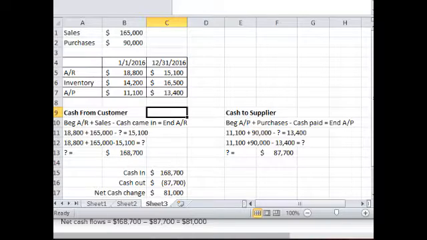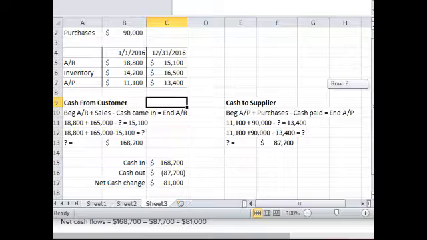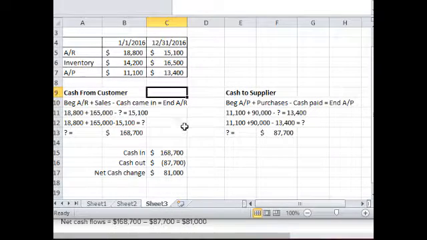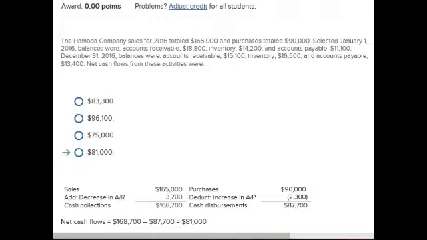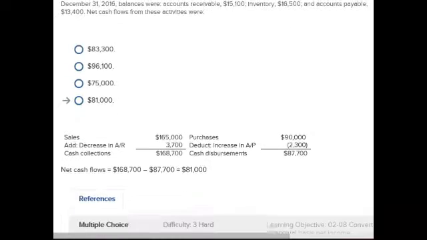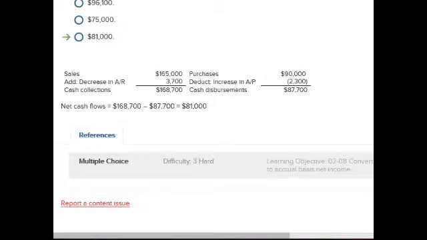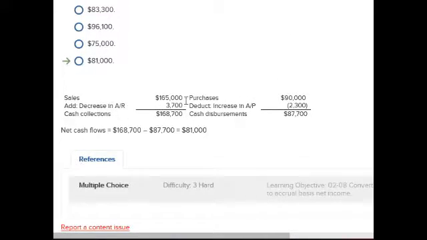Again, I like to do this in formula. I hope you do too. But here's how it works. Okay, let me just give you the answer. This is the answer, the way our book tells you. There are two calculations.